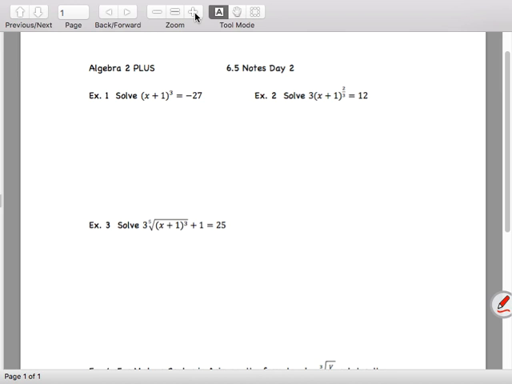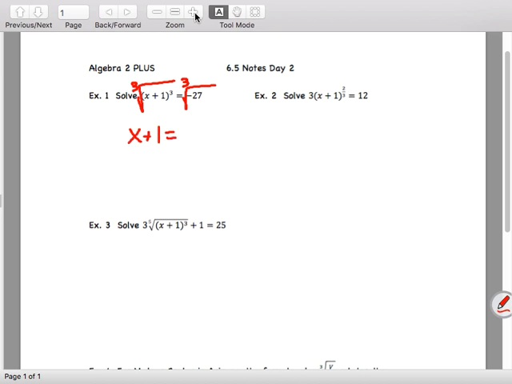So in example 1, it says solve (x plus 1) cubed equals negative 27. So this really does tie into, CJ, what you were talking about. Like, how do I undo to the third power? Yeah, Emma? Well, this is cubed. You mean cube rooted, right? Yeah. Okay, so here we go. I'm going to do a cube root to both sides because the cube root of something cubed is x plus 1.